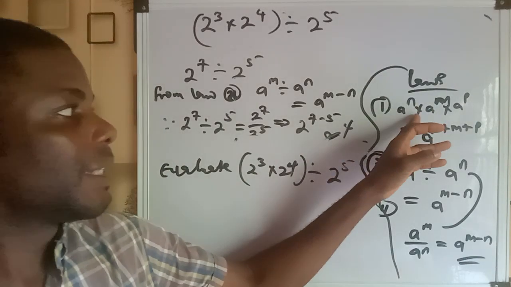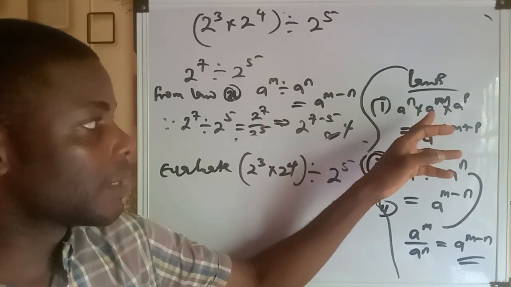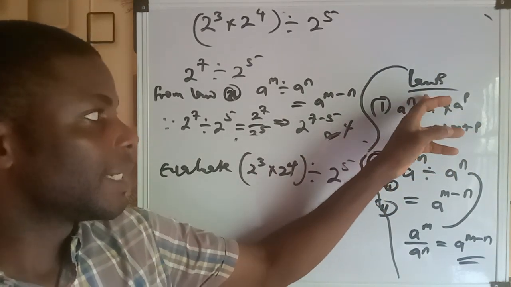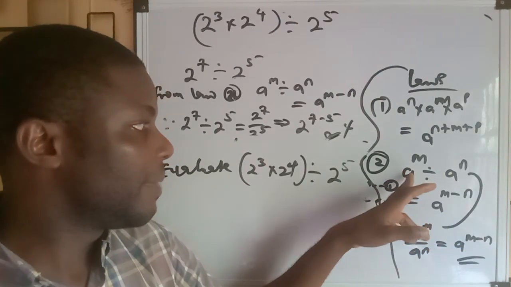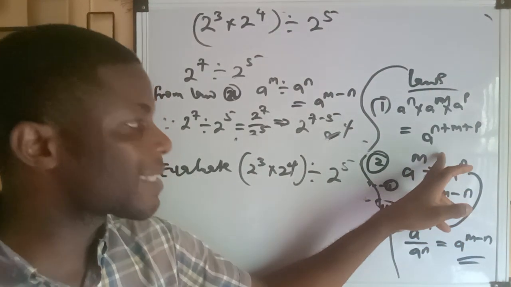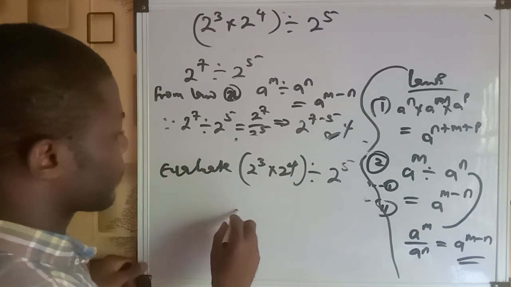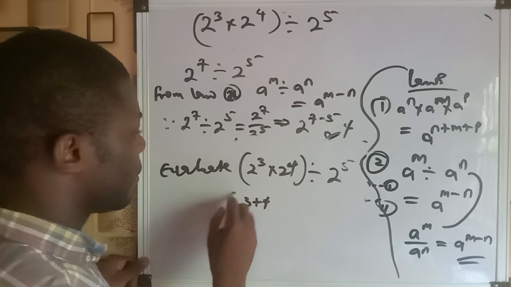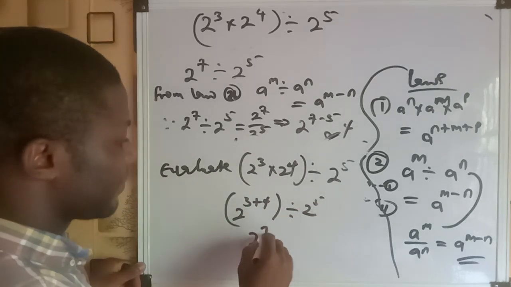So when you are given something like this in which the bases are the same but the powers are not, pick one base and sum the powers. Then if you are given something like this where the bases are the same, in a division case, subtract the powers. First, we picked 2 and then added 3 plus 4, and what we got was 2 power 7.